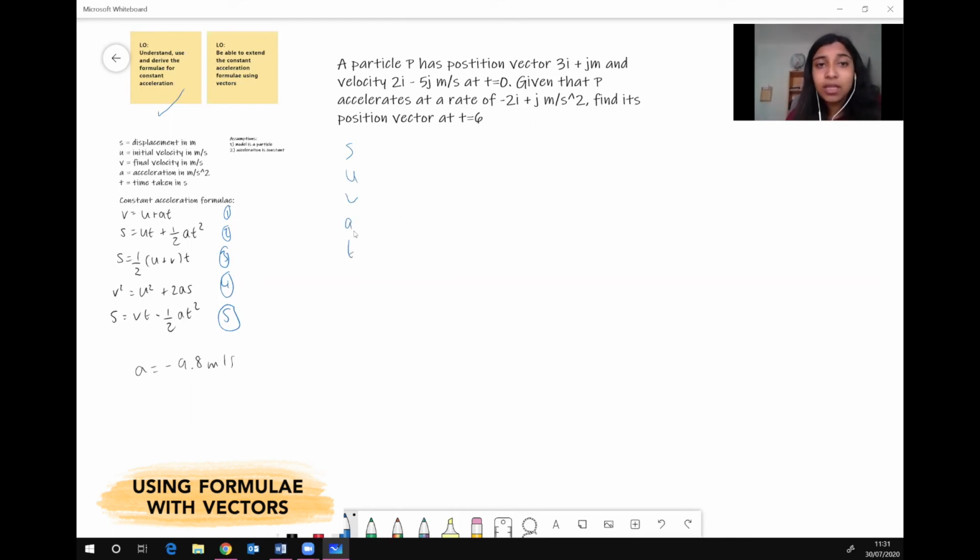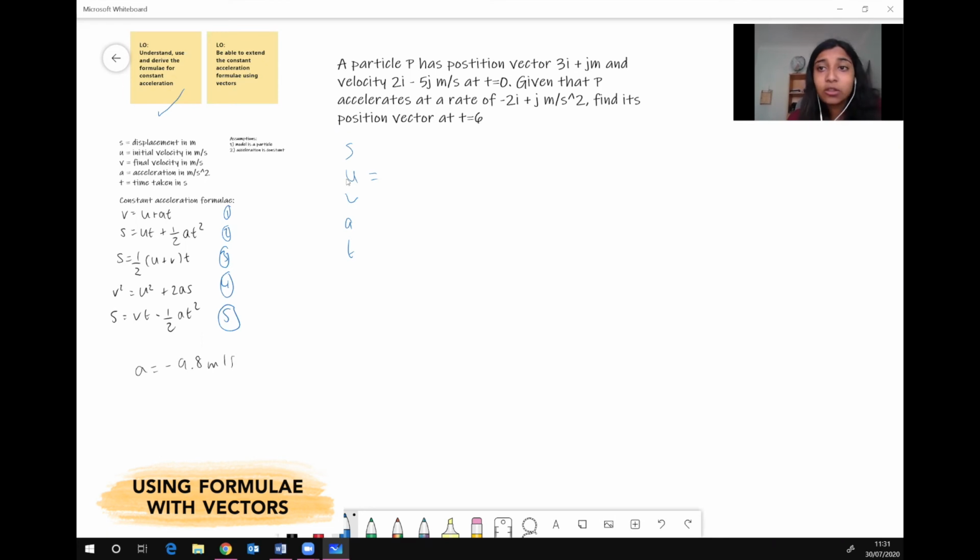We don't know our displacement. We know our u, because its velocity is 2i minus 5j at t equals 0, so our u is just that.